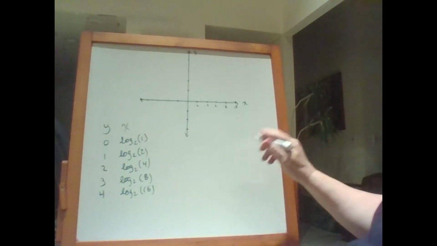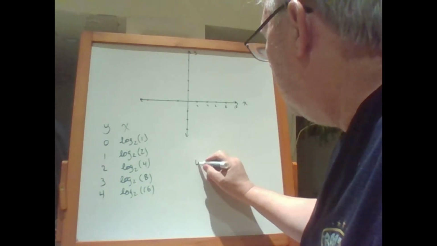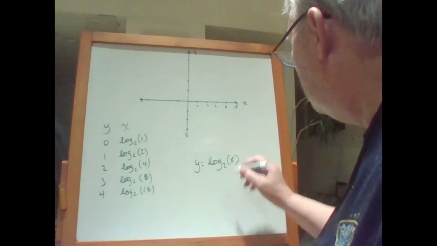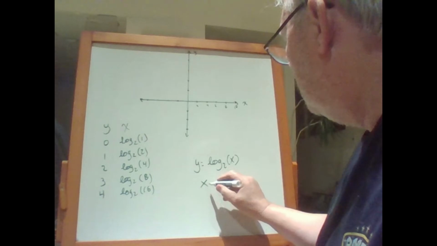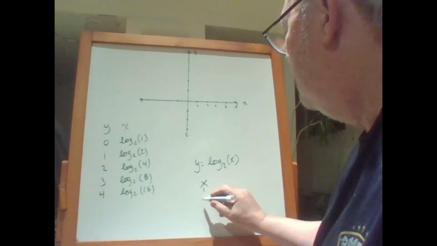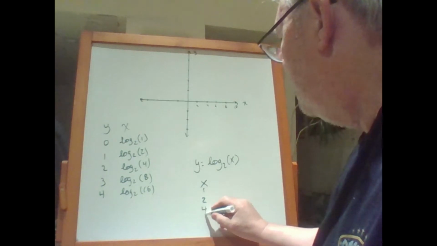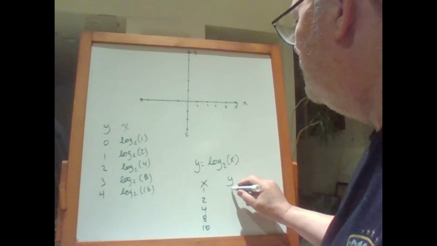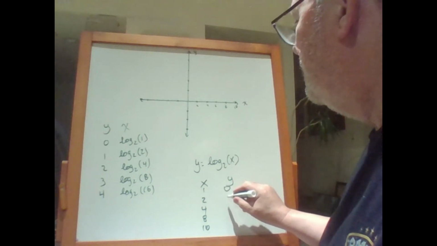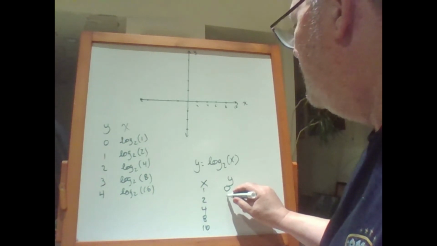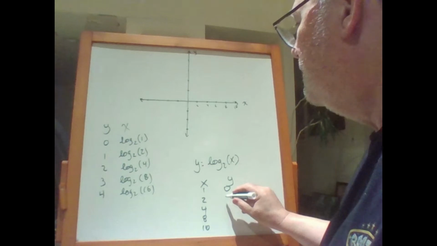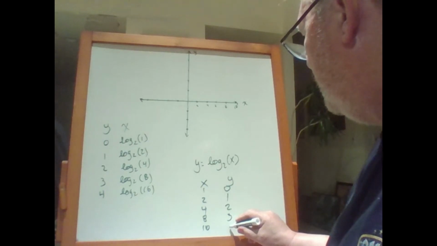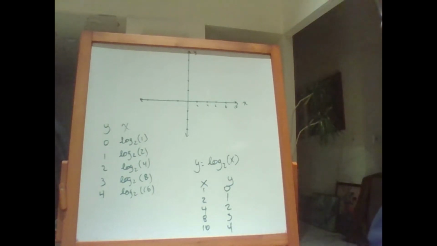When we have y equals log base 2 of x, when x is 1, 2, 4, 8, 16, y is 0, 1, 2, 3, and that's 4 for 16.